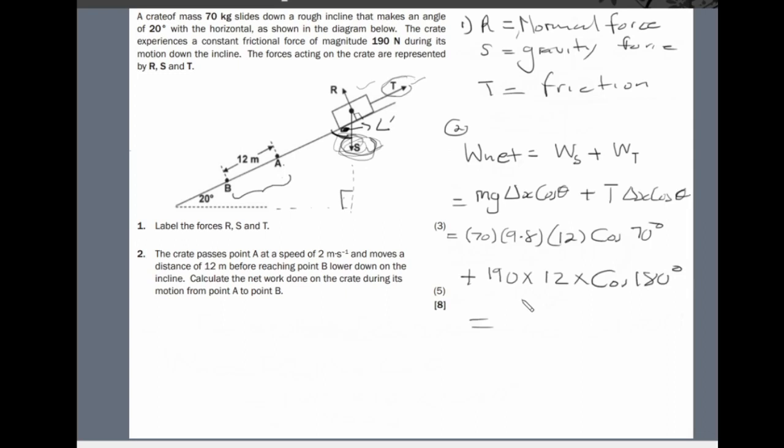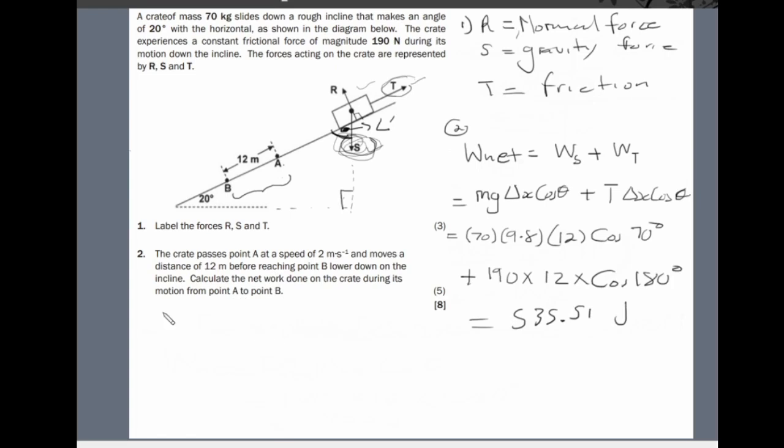When you punch this in your calculator, it's 70 times 9.8 times 12 cos 70 plus 190 times 12 times cos 180. So this will be 535.51 joules.